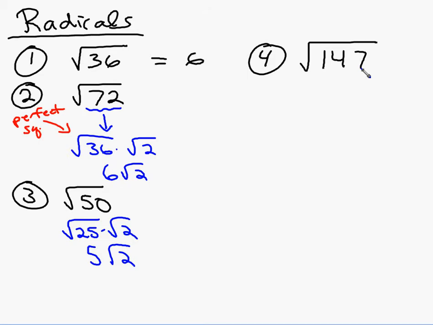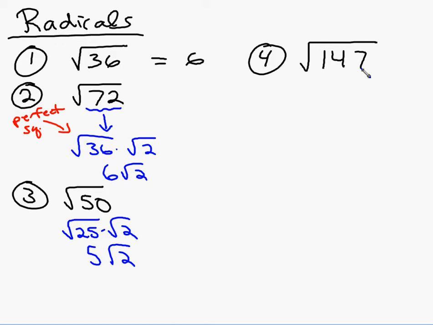Now, that one's not as easy to see as the last two. But you don't want to think, well, I can't do anything with that. You want to start going down your list of perfect squares. Obviously, can't I eliminate the even ones? It's not going to be 4. It's not going to be 16. It could be 9. But you want to divide this by those perfect squares until you find one that works evenly. And you want to use the biggest one you can.